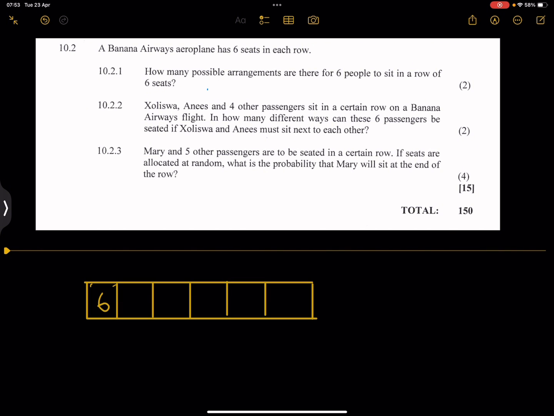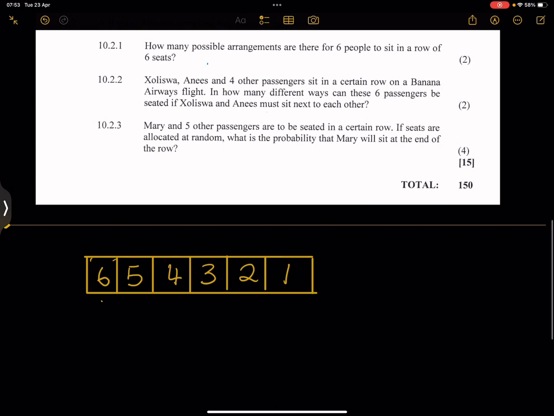But now that you've placed 1, how many do you have available? You've got 5 to choose from. And now that you've placed the 2, right, how many do you have? 4. And of course, you can see how that progression goes. So that means that in this case, all you simply do is multiply that there.